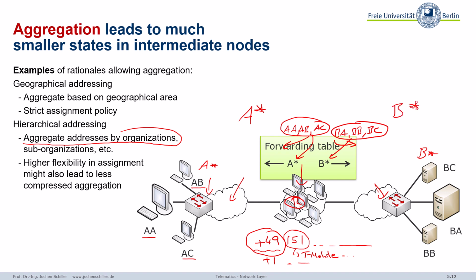It depends on, for example, the company who runs the subnetwork, as we'll see. It's a bit more flexible, but maybe also less compressed compared to the strict country, then city, then subscriber. Or in the case of mobile phones, you have the country, then the mobile phone operator, and then the subscriber. So aggregation is very important.